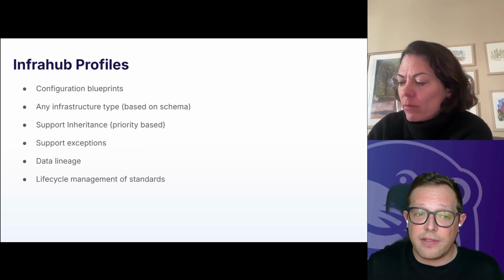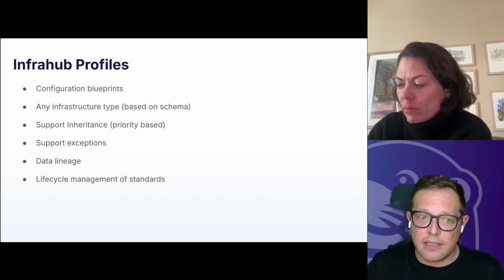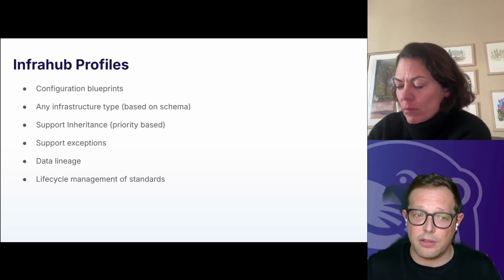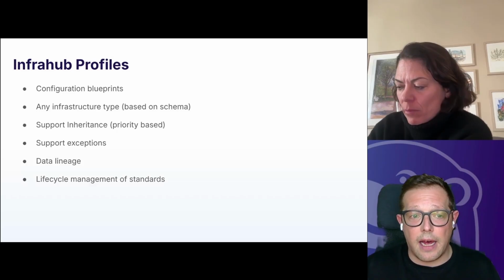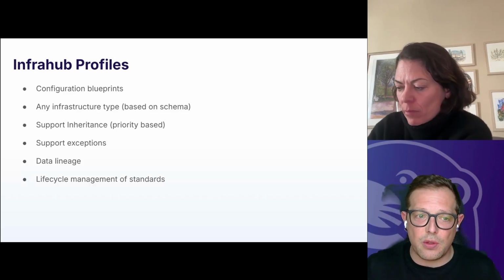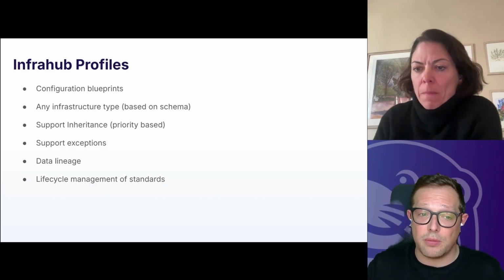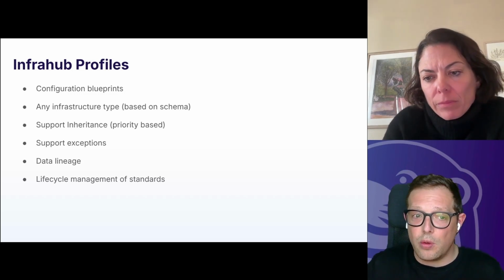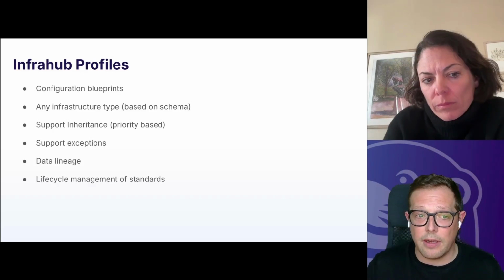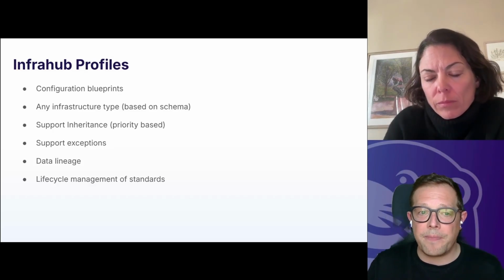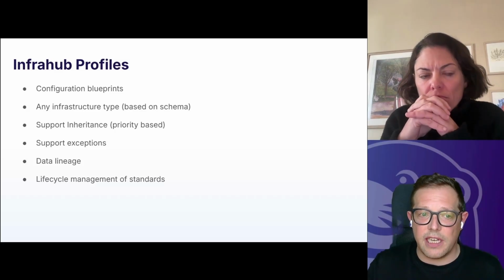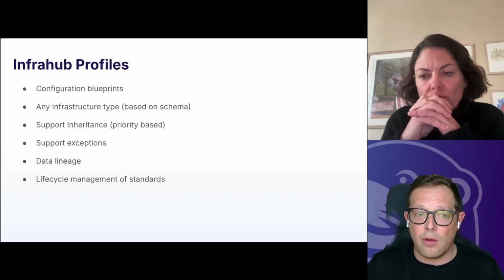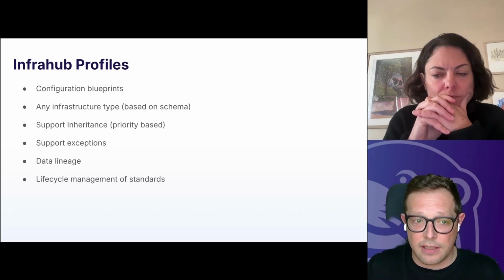Now, the nice thing is that this combines very beautifully with other features within Infrahub, such as the proposed changes, which is basically a change management workflow where people have to review changes that are being proposed to the intended state of the network, meaning that whenever someone wants to create an exception, you can ask for justification and the reasoning why that exception is needed.